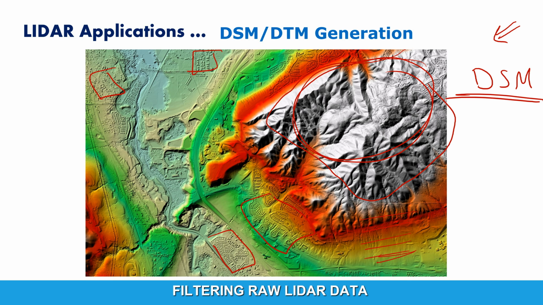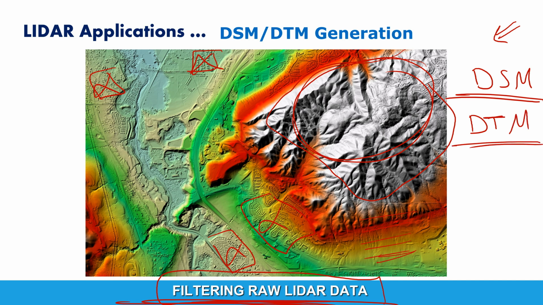Now, removing all the objects from the ground surface, like removing all of these buildings here, okay, all the trees, all the cars, any object on the ground surface would be called filtering raw LIDAR data. So after we filter the raw LIDAR data, we can generate a digital terrain model. That's called DTM.